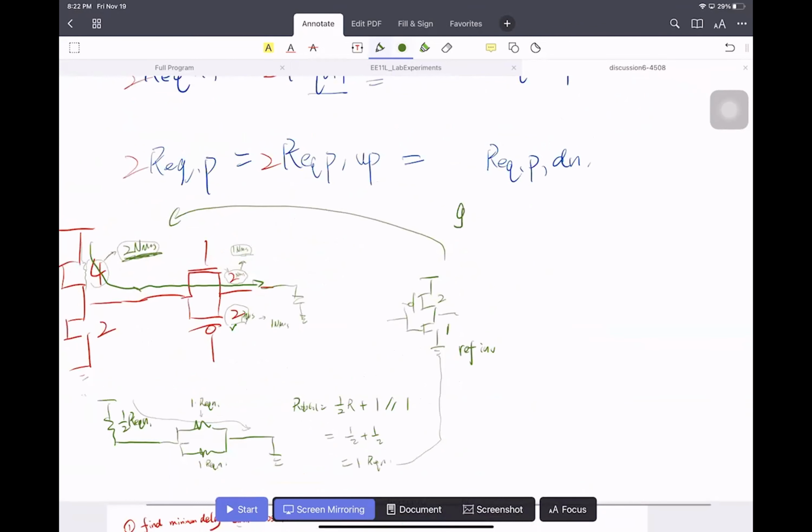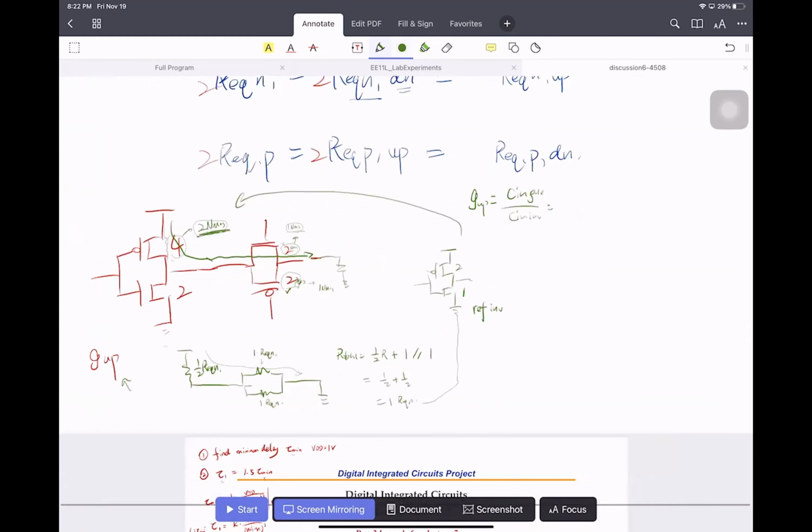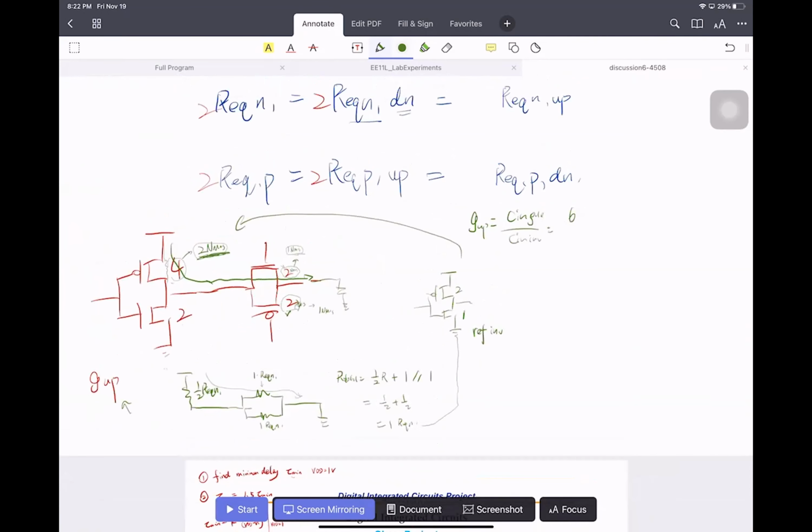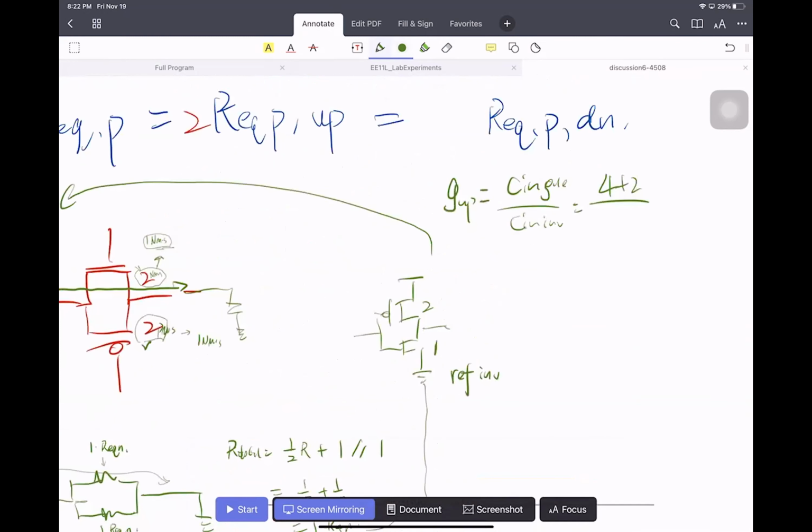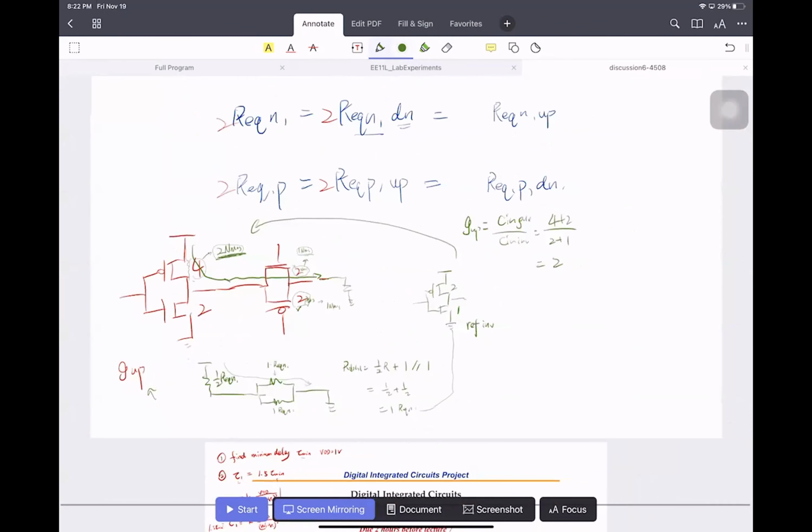The g up is equal to C in gate over C in reference inverter. And C in gate is 4 plus 2. That is 6. And C in inverter is 1 plus 2. That is 3. So the logic effort of this compound gate is just 2.